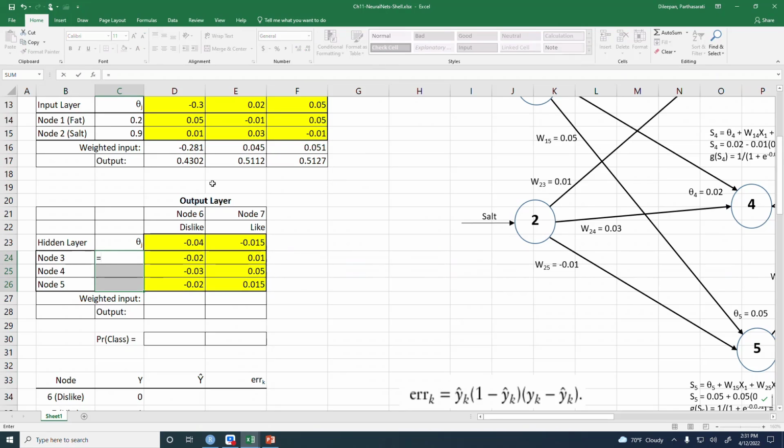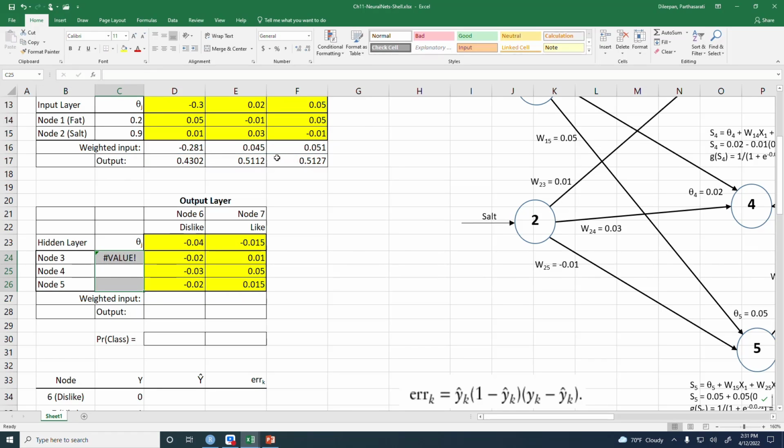So what we can do is we need these 3 values down here going in as input to 6 and 7. So we can use the transpose function to transpose D17 to F17 into C24 to C26.